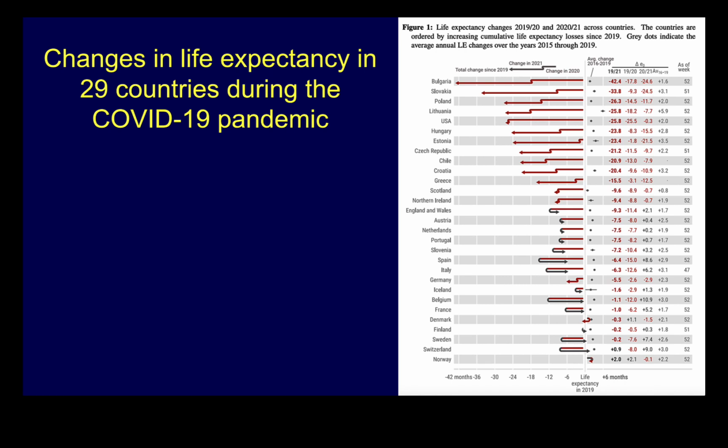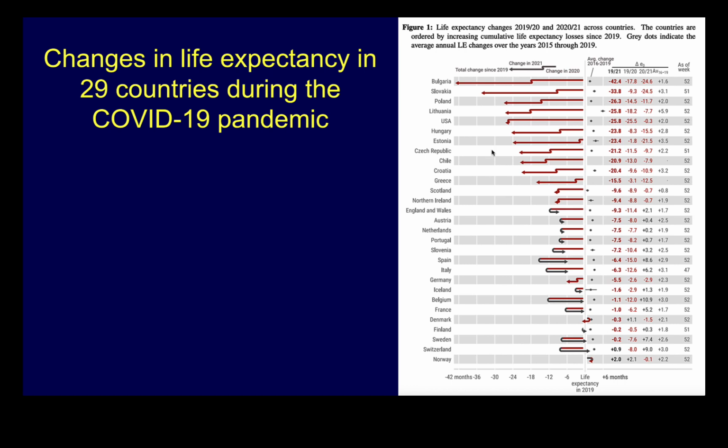And just as a reminder, life expectancy was pretty much increasing almost everywhere in the world, except for areas where there were wars and natural disasters. And so to see declines in life expectancy as a result of the COVID-19 pandemic in so many areas across the world really speaks to how devastating infectious disease threats can be.